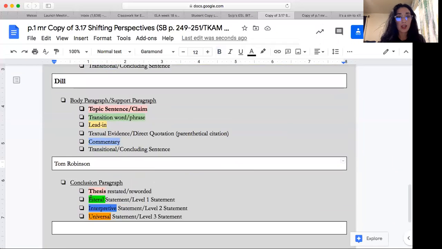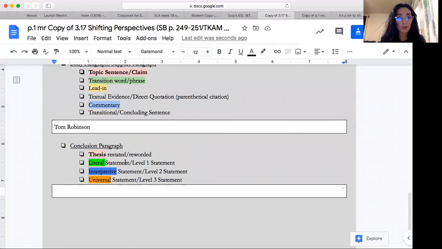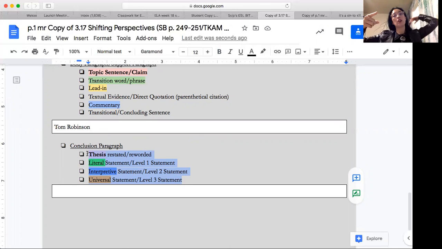Okay? And then finally, with the conclusion, you're going to bring it all together to remind the reader, okay, I'm telling you all about these things that happen in the book and how they show racism and coming of age and compassion. But why does this matter? What does this tell us about life? Why should we spend our time reading this?